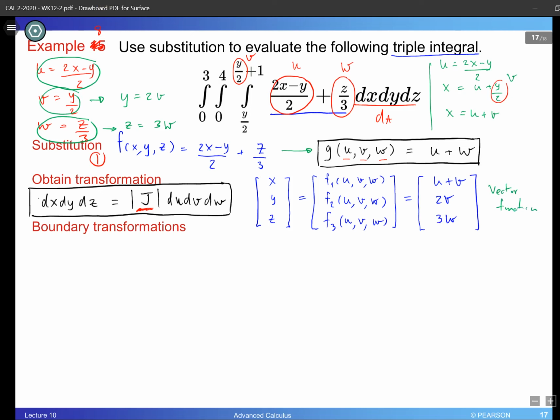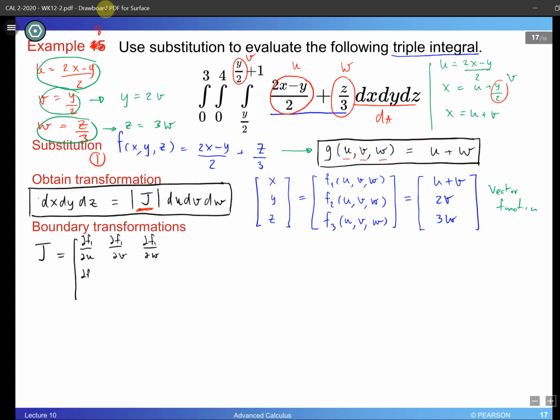Alright, let's work on the Jacobian right here. The Jacobian is going to be equal to, once again, the partial derivatives of the vector function with respect to all the variables. I'm going to repeat the formula again. Partial F1 with respect to the first variable, F1 with respect to the second variable, and to the last variable. And repeat that for F2 and F3.